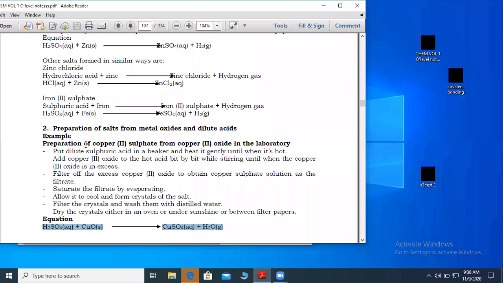You can be asked to prepare zinc sulfate or zinc chloride or copper 2 sulfate from copper 2 oxide. The same procedure we are following, and the equation, we shall have copper 2 oxide, which is basic, so it will react with sulfuric acid forming copper 2 sulfate plus water.